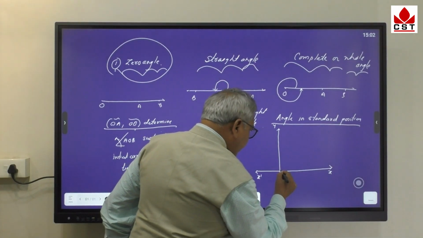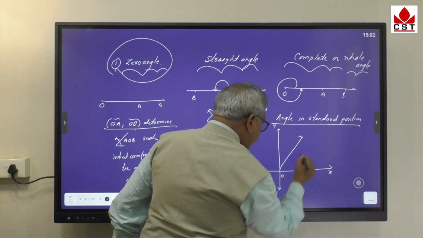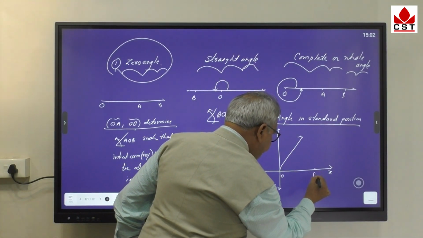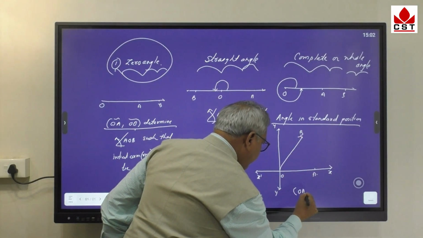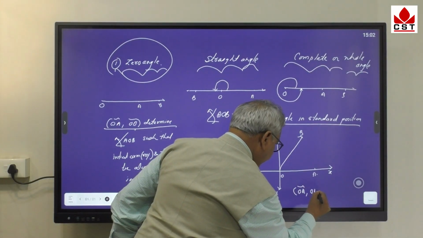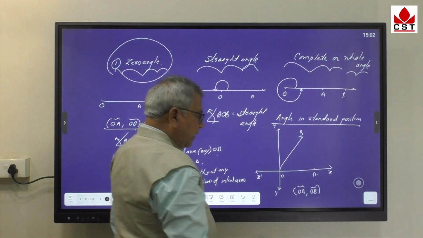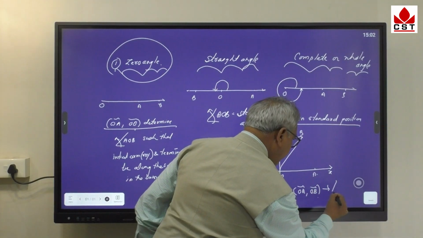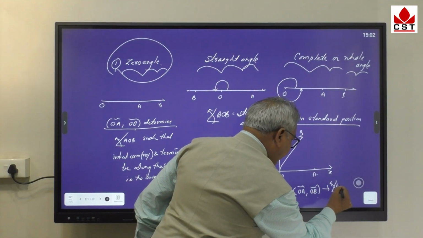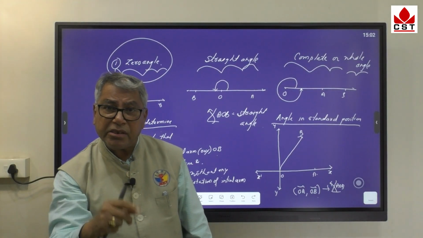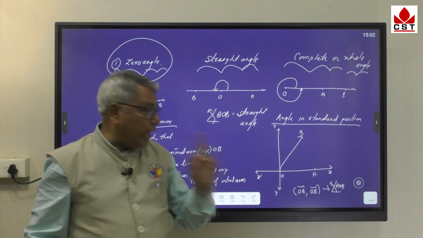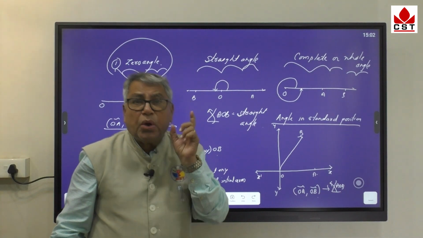Now ray OA, ray OB determine directed angle AOB. No, BOA. BOA means in which OB is rotated. AOB means OA is rotated.